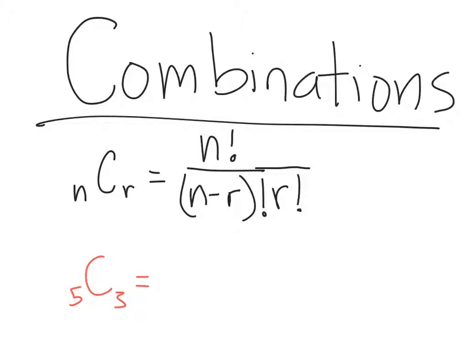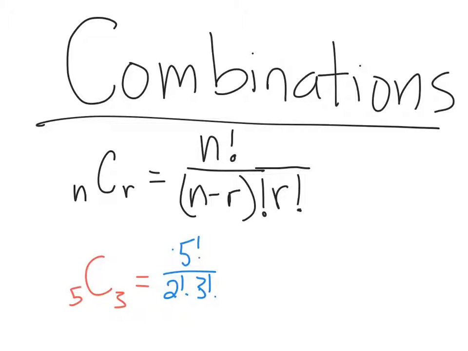So I want to know what's 5C3. What this means, right down here, 5C3, means we have 5 objects total, and I want to know how many groups of 3 I can create from those 5 items. Using our formula, we would have 5 factorial over 5 minus 3 factorial, which is 2 factorial, times 3 factorial.